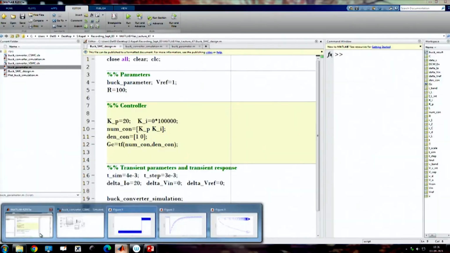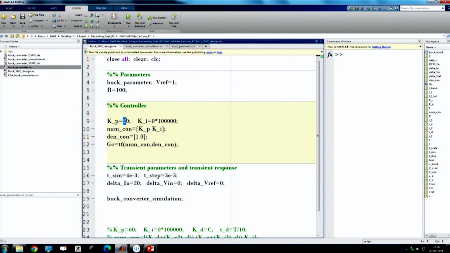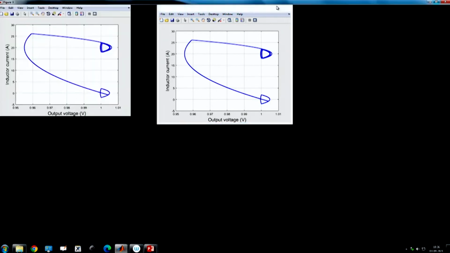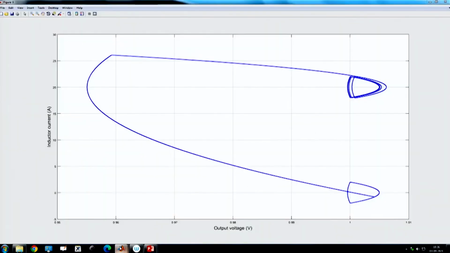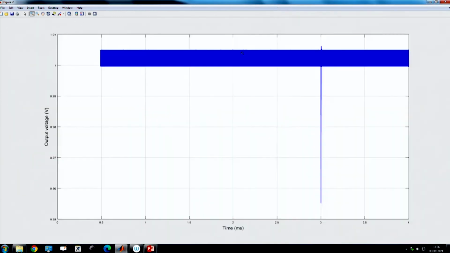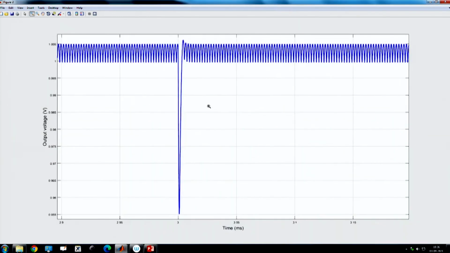Now, if we increase the gain to, let us say, 100, let us see how it responds. Make it 100, it is slowly coming. If you check the response, you will find it is slightly overdamped.